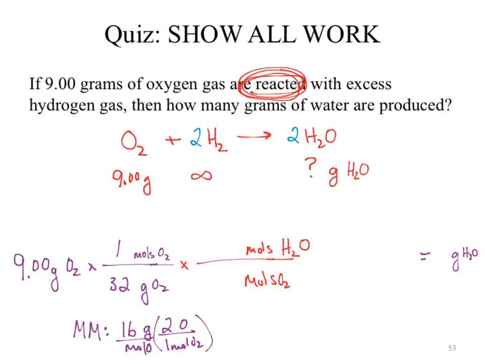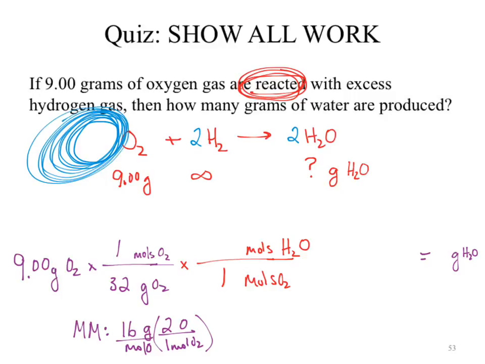Where do I find this conversion factor? The number of oxygens to the number of waters. From the balanced equation. What number shows up in front of moles of oxygen? 1. How do you know that? What number shows up in front of the moles of oxygen in our balanced equation? 1. Okay. We have to be careful.